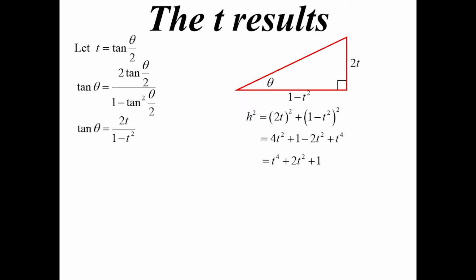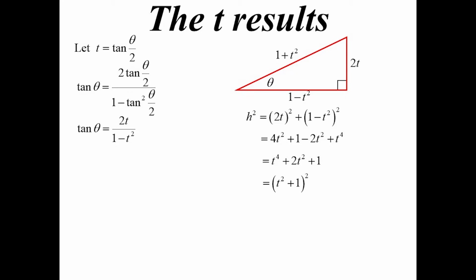Once we've got that, we can draw up a right angled triangle and work out the other ratios. So if tan is 2t on 1 minus t squared, opposite over adjacent, bit of Pythagoras, we can work out the hypotenuse. So square both and add them. This will end up being 1 plus t squared, all squared. So our hypotenuse is 1 plus t squared, and we can read off all of our relationships.